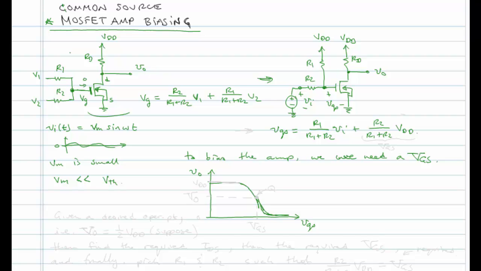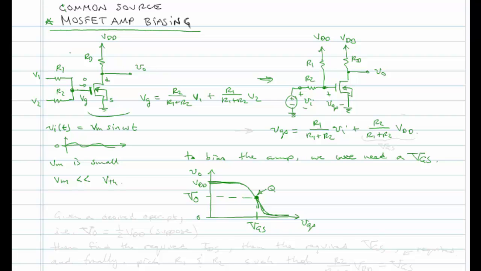Okay, and this is up at VDD, and we want to bias this somewhere in the transition region. We don't want to be too close to VDD up at the top, and we don't want to be too close to 0 volts down at the bottom. So this will be our capital VGS, our bias point, call it Q, right? And there'll be a bias voltage VO.